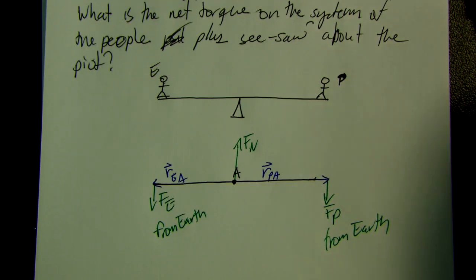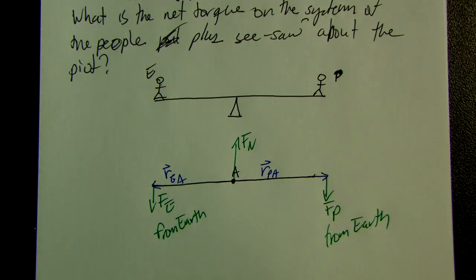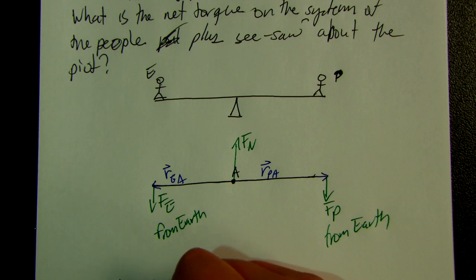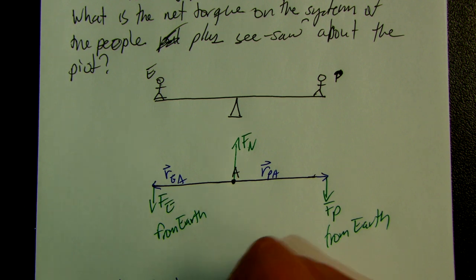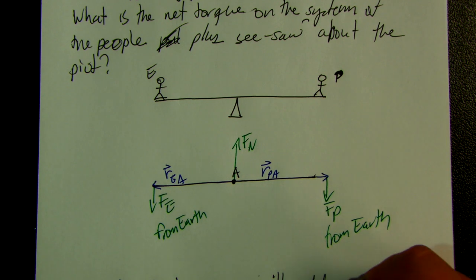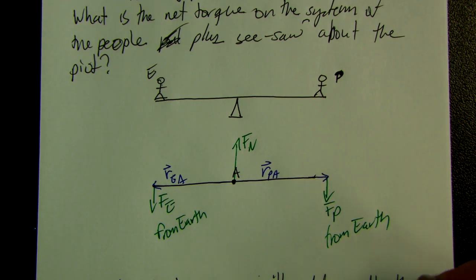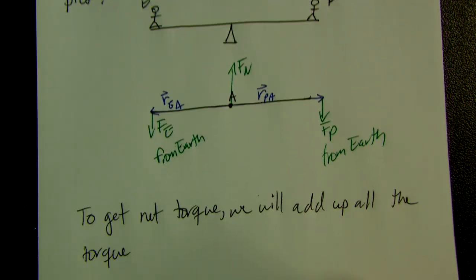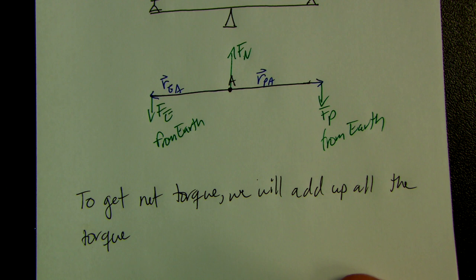All right, so now we have a little force diagram, and to get net torque, we need to add up all the torque. All the torque. All of it.